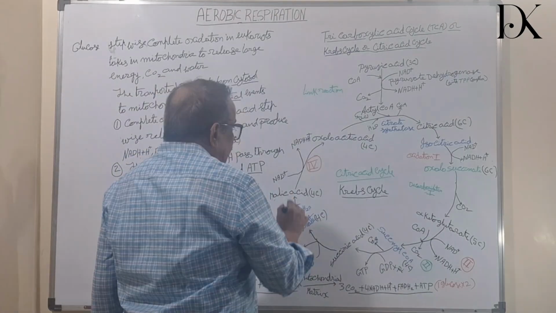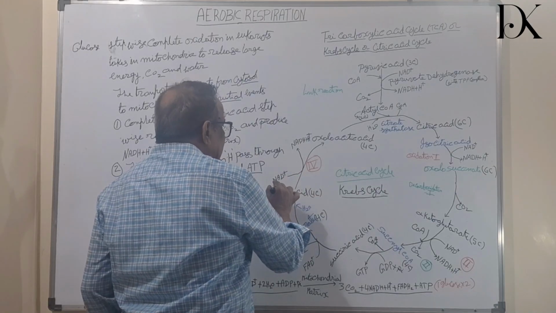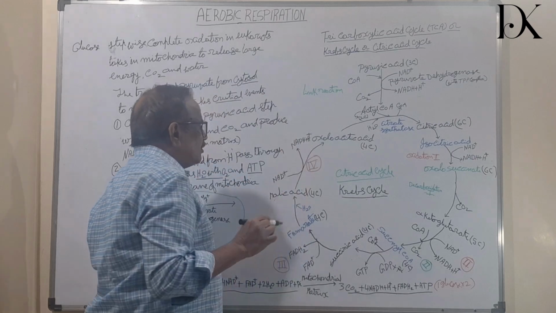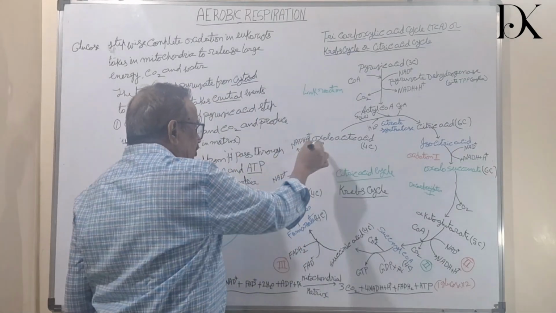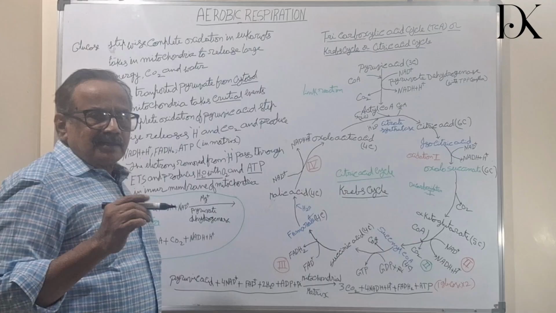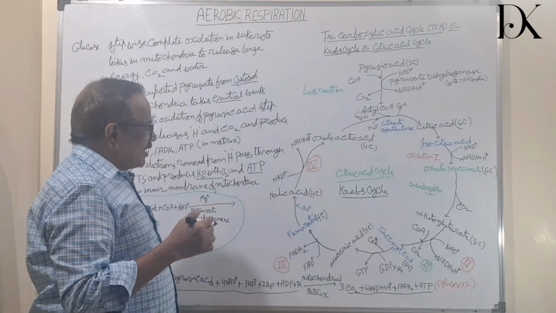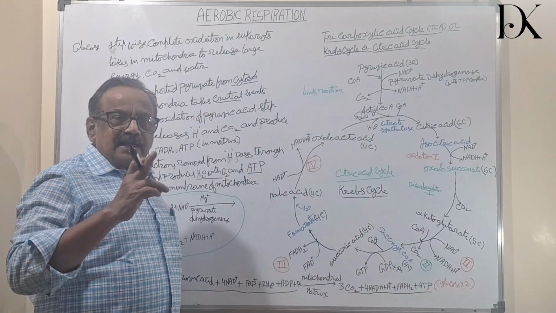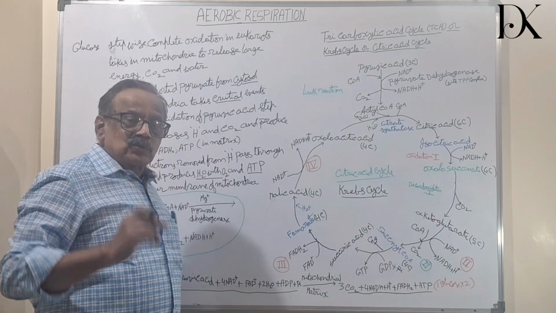So now one more oxidation will take place: NAD plus to NADH plus H. I discussed this in the C4 plants. Oxaloacetic acid converting to malic acid will bring NADH plus H also.